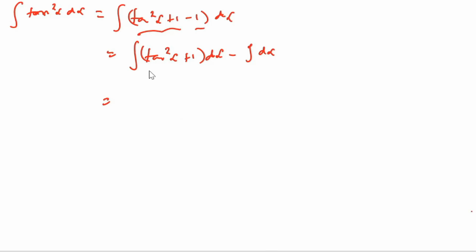Now the integration of tangent squared alpha plus 1 is just equal to tangent alpha, minus alpha, plus a constant.